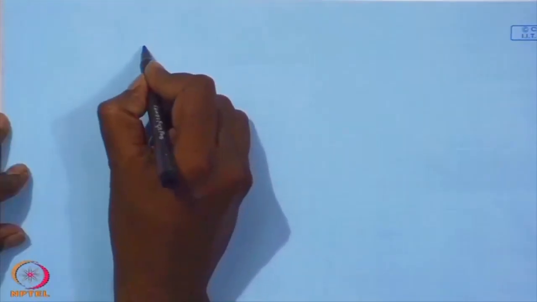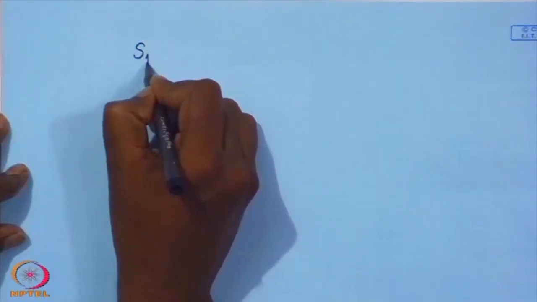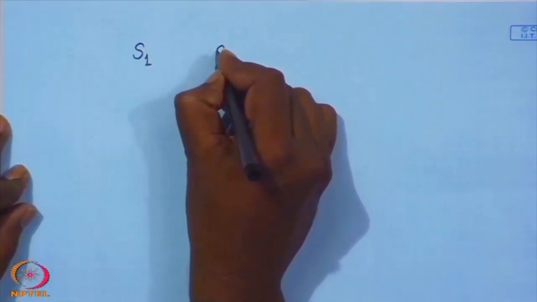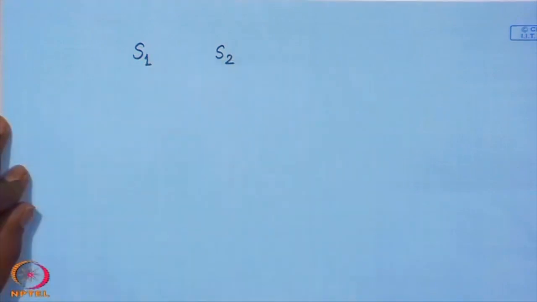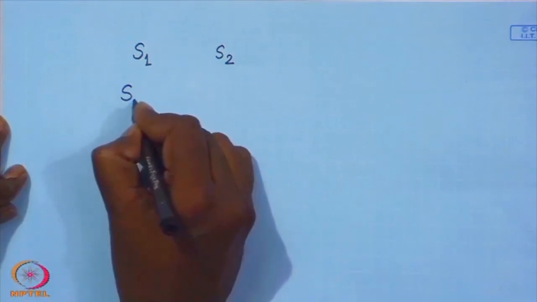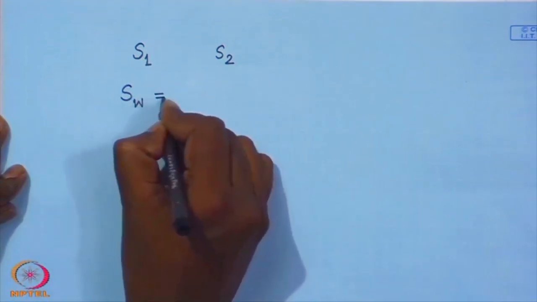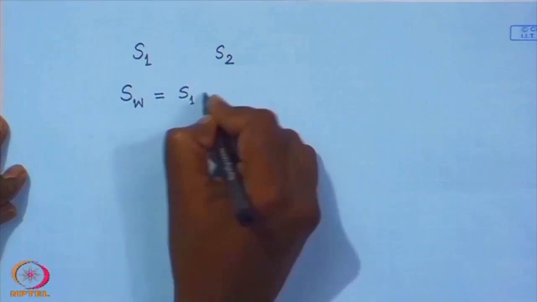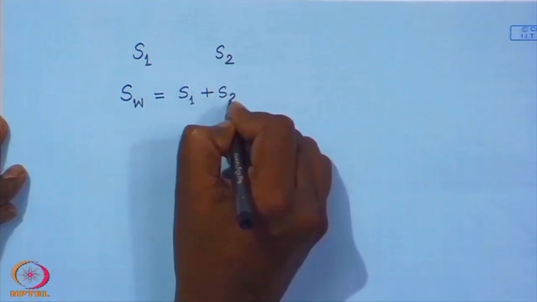Then it defines what is called the total within class scatter. So, if you remember, we have said that if S 1 is the scatter of the feature vectors in class omega 1 and S 2 is the scatter of the feature vectors in class omega 2, then the total within class scatter is given by S w, which is nothing but S 1 plus S 2.